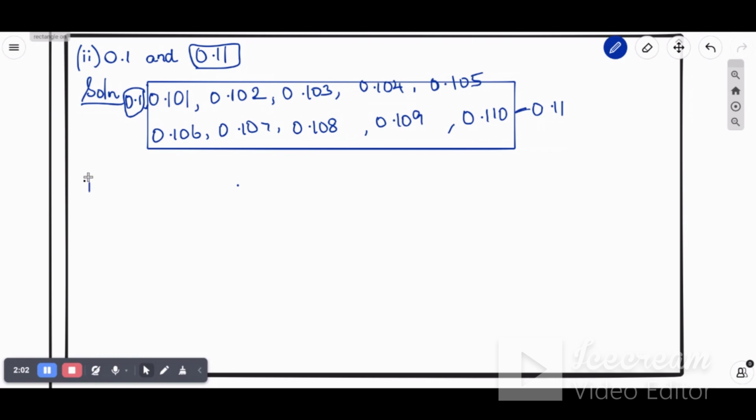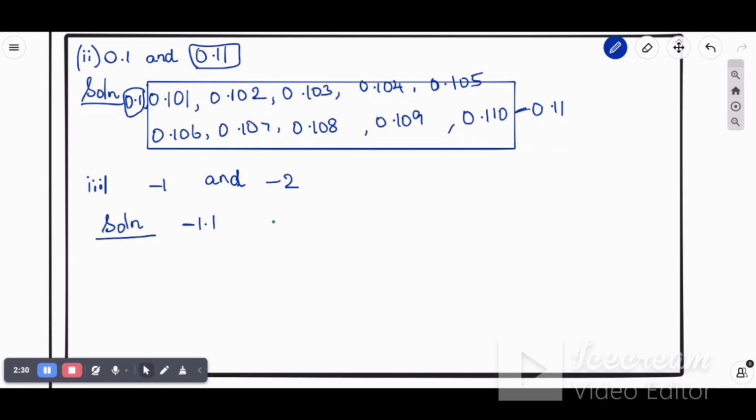This is done. Let's move on to our third question. The third question is: lie between -1 and -2. So can you guess the simpler solution to this? Yeah, you can directly write it like the previous question, just with decimals.